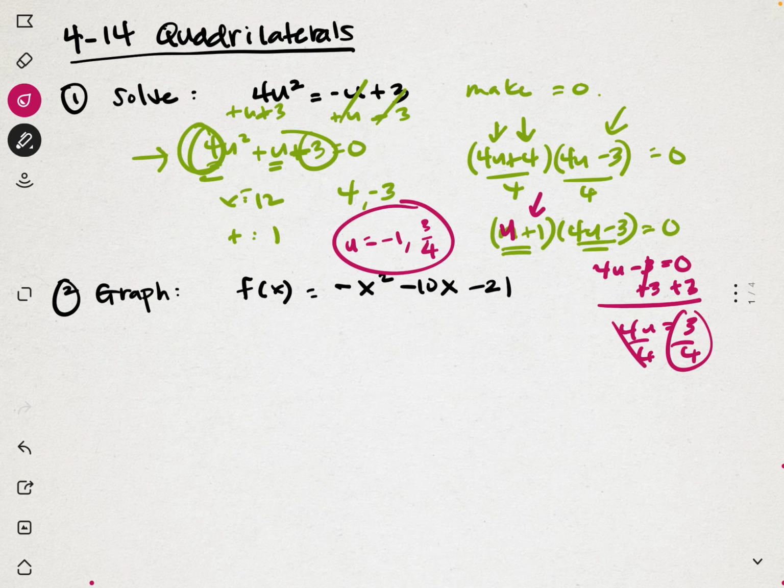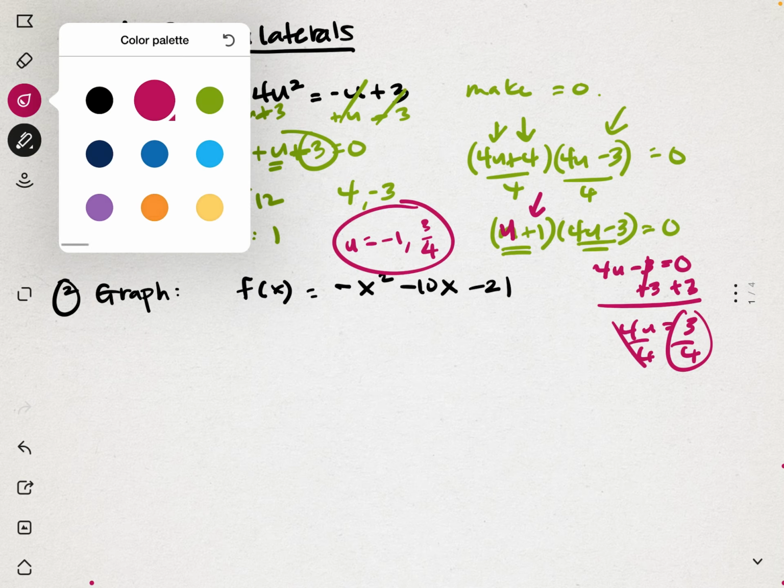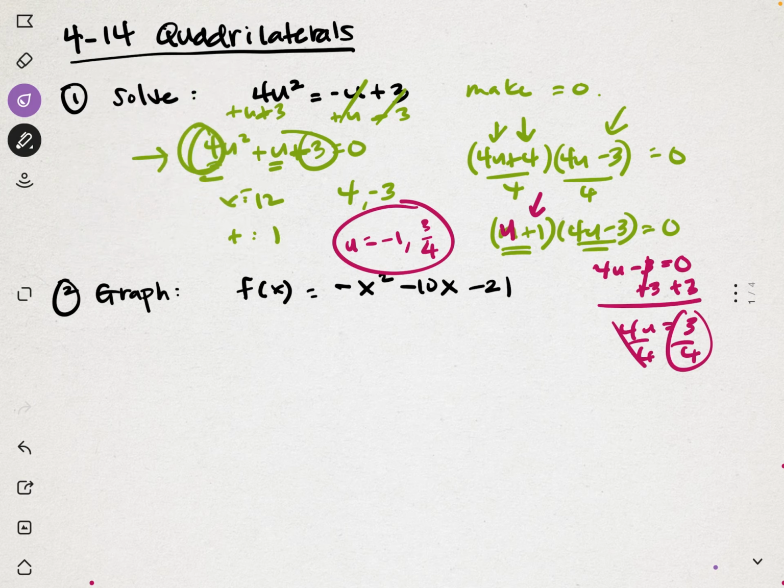Okay, on to the second one. For this, it's asking us to graph our quadrilateral. So the key here is, because we have this in standard form, we want to locate the vertex. To find the vertex, the x for the vertex, we're going to do negative b over 2a.